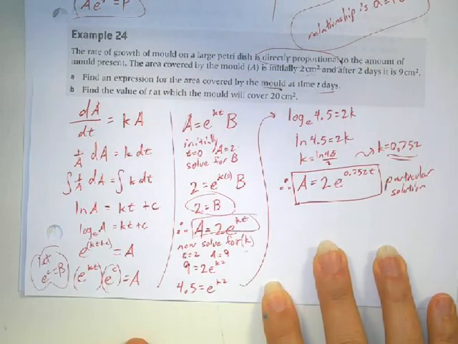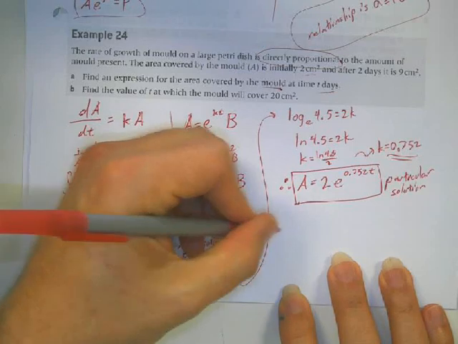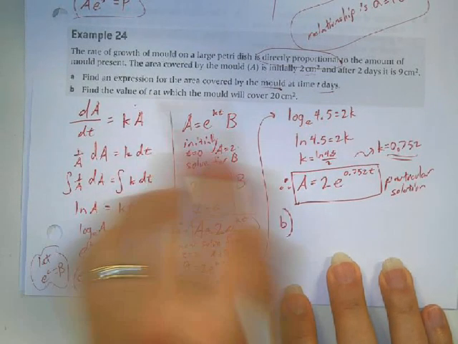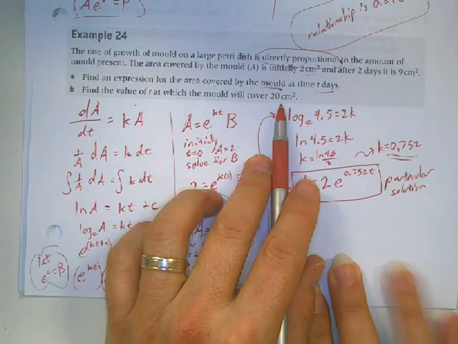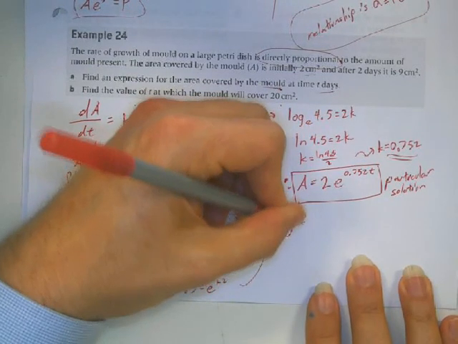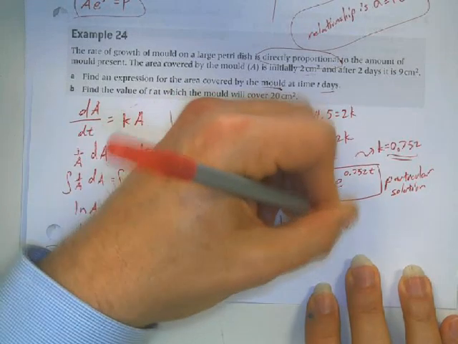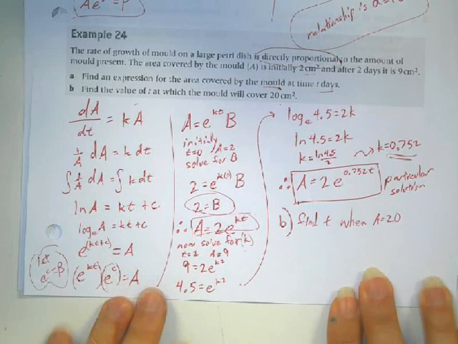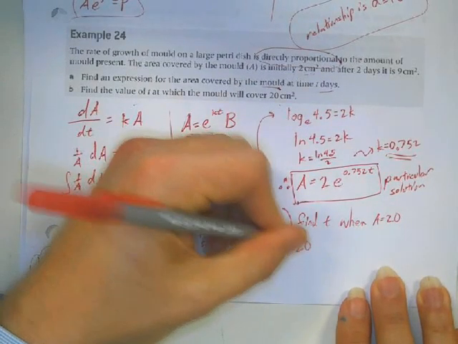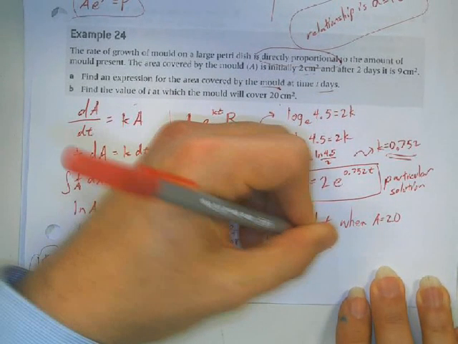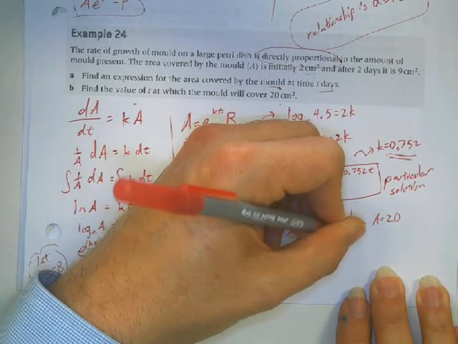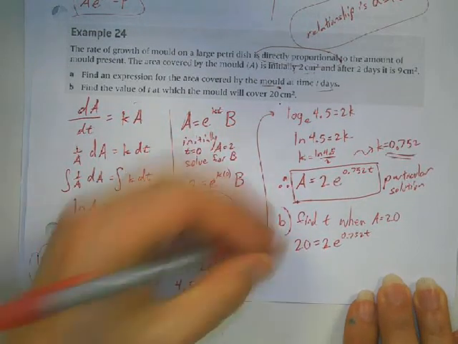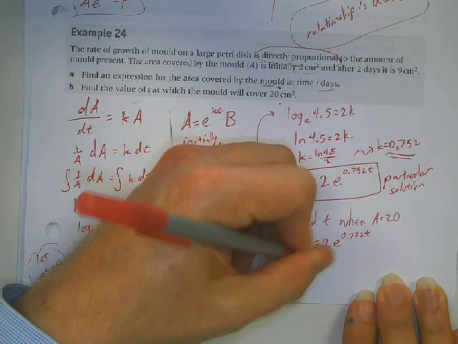For part B, they want you to find the value of t when the area is 20. Find t when A equals 20. So I'm going to replace A with 20, and then we're going to solve for t. We divide both sides by 2. I get 10 equals e to the 0.752t.